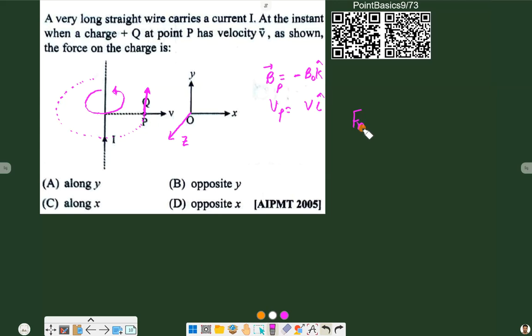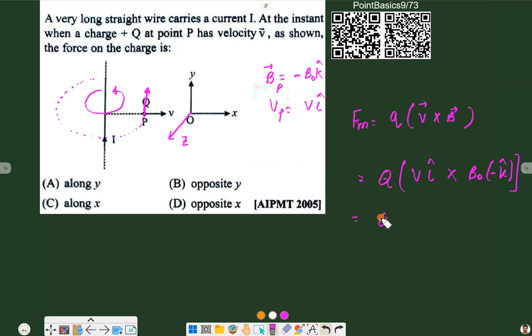So Fm will be q v cross B. This charge is positive q, so q v is v times i, cross B, which is B naught with negative k.